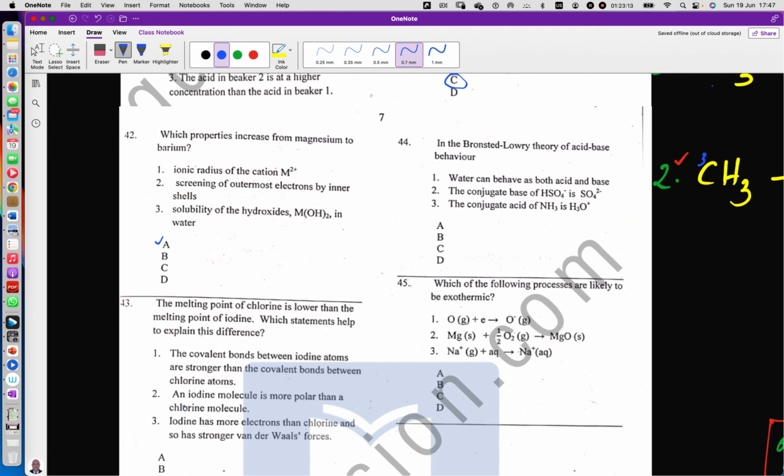Okay. For your understanding, let me brief you on this before we come to the answer, for the purpose of revision. You should know that every acid has a conjugate base, and every base has a conjugate acid. What is a conjugate base?